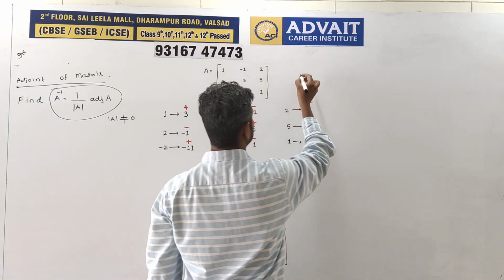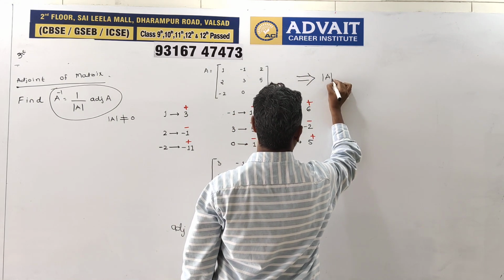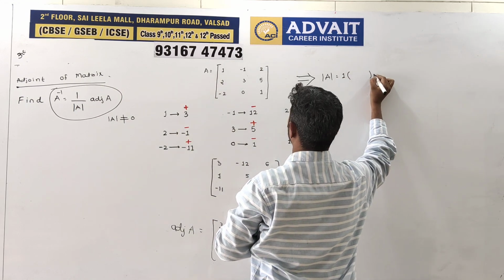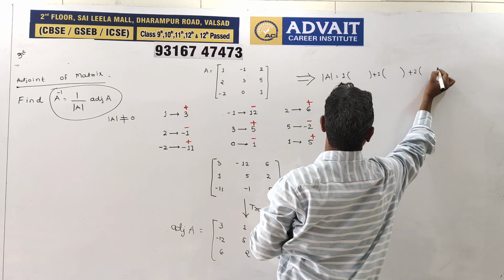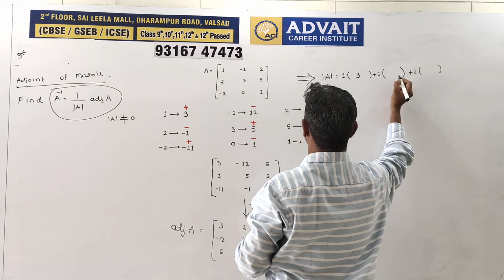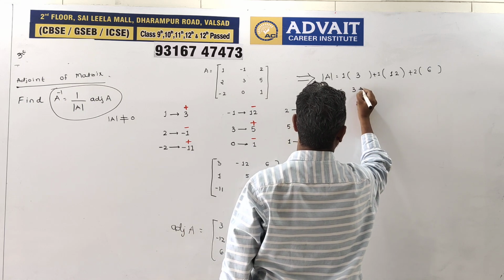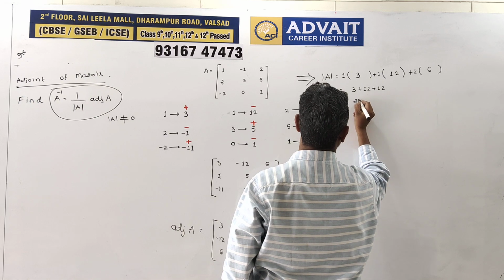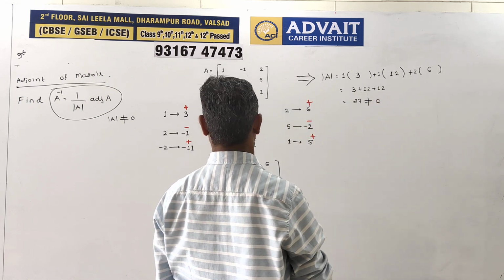So first we are going to check the determinant value of A, that means 1 into minus minus plus 1 into plus 2 into 3 minus, so that is 3, 12 and 6. So this is 3 plus 12 plus 12, so that is 27, which is not equal to 0.